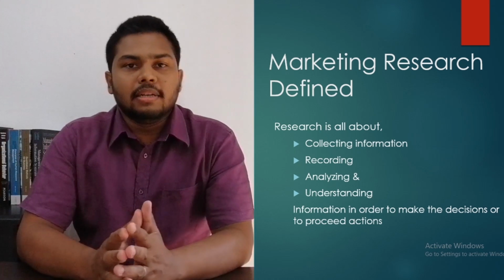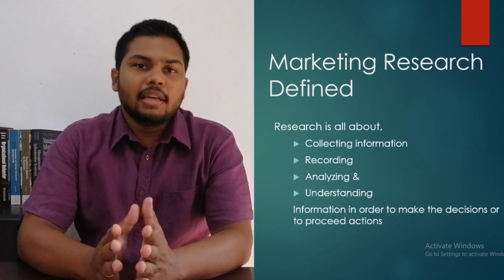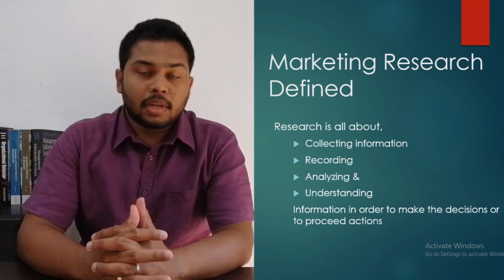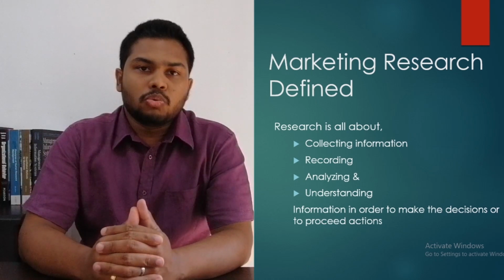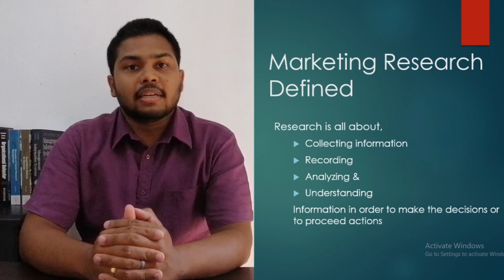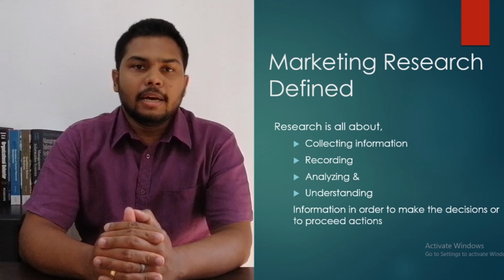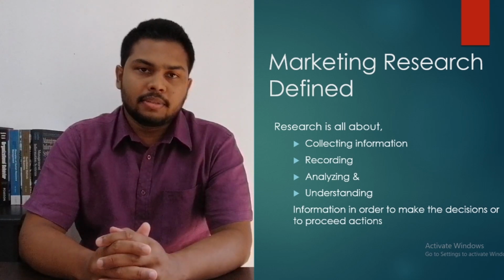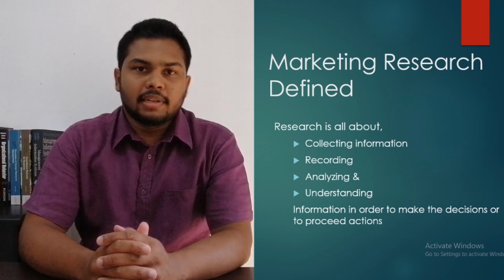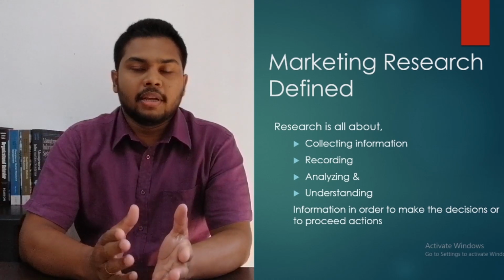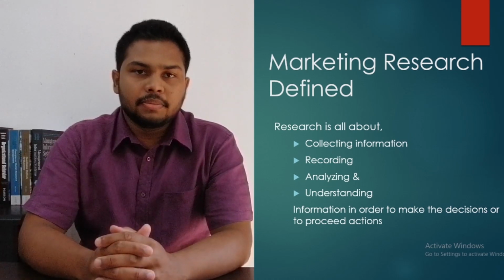Being marketeers, what we need is information, because all these aspects in the world exist through different types of information. So information plays a vital role in making decisions, no matter what it is. It can be for marketing, it can be for HR, it can be for finances, but anyway, what you need is information.